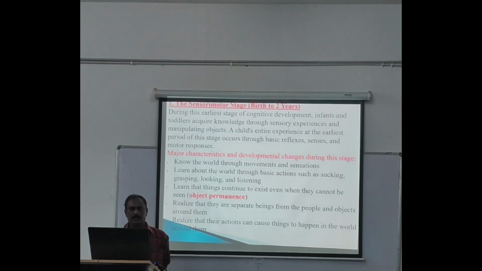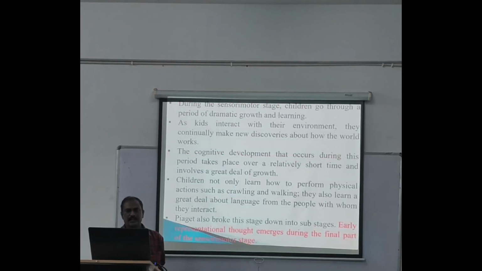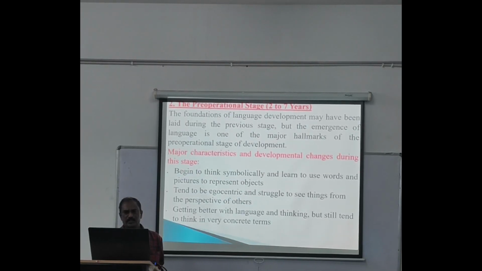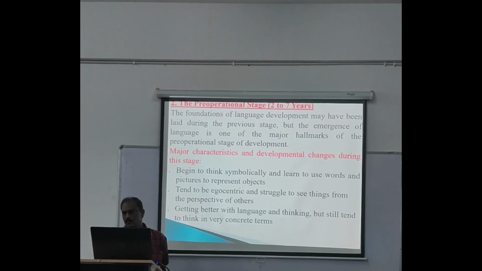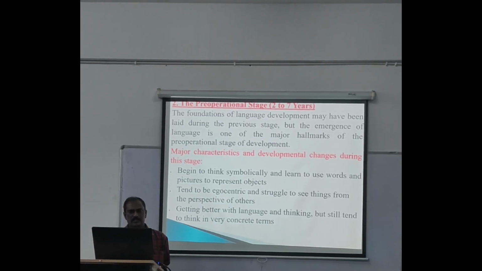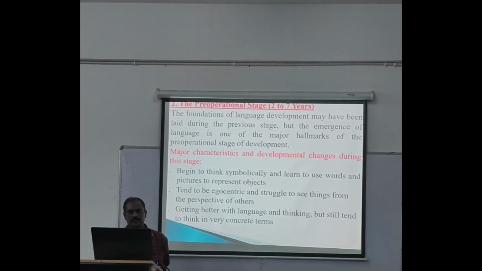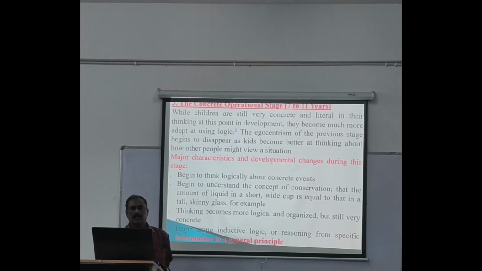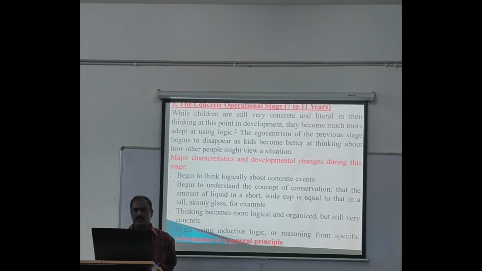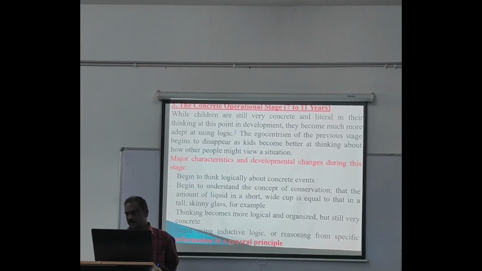So, in this sensorimotor stage, basic actions such as sucking, grasping, looking, and listening are learned by the child, and in pre-operational stage, children begin to think symbolically and learn to use words and pictures to represent objects.